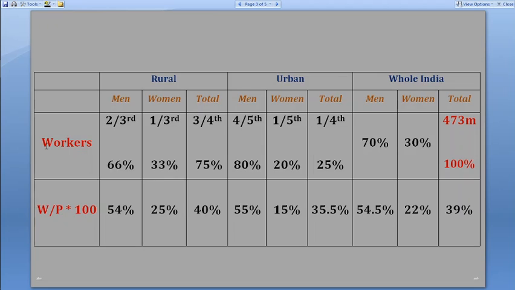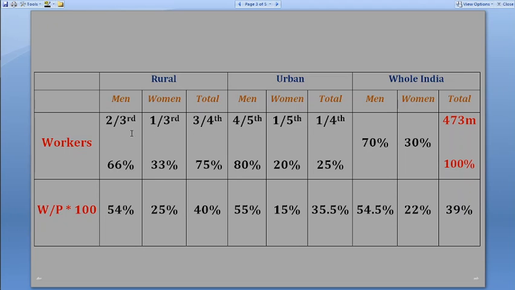Here, we have discussed all about this, but this is a complete list of proportions. If you talk about workers, we have learned that 473 million are working. Out of this, 70% are men, 30% are women, more men than women. And if you look at rural, you'll find more in rural, 75%, less in urban, 25%.